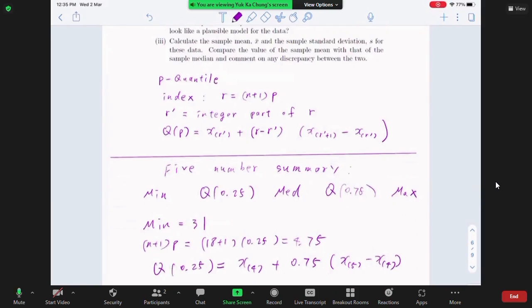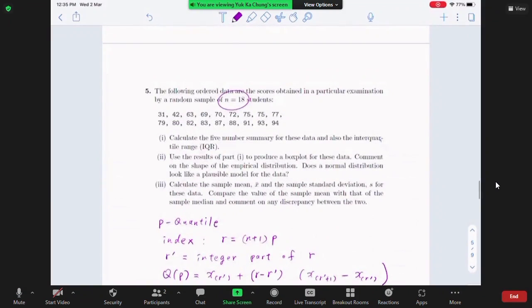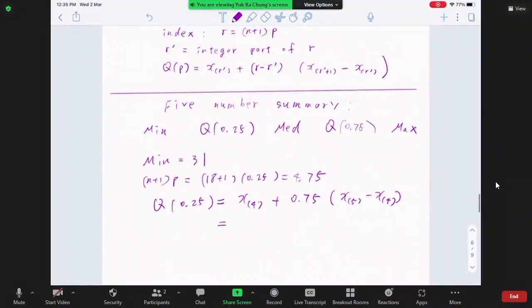So from the data set, the 4th number in the sorted data set is 69, and the 5th one is 70. So we have 69 here and 70 here. This is how we compute the 0.25 quantile.